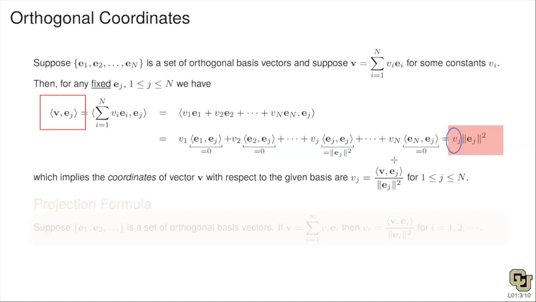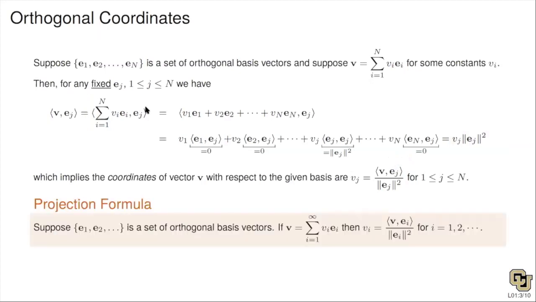Now if you replace v with a function f and replace the basis vector e sub j with a Fourier basis element, then you get exactly the formula we had on the previous slide: f inner product cosine 8z over norm of cosine 8z squared. It's the same formula.